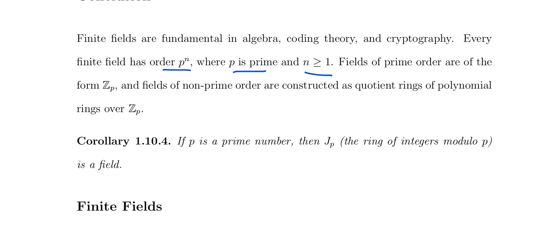Fields of prime order are of the form Zp, and fields of non-prime order are constructed as quotient rings of the commutative polynomial ring over Zp. So p is a prime number, Zp, the ring of integers modulo p, is a field.